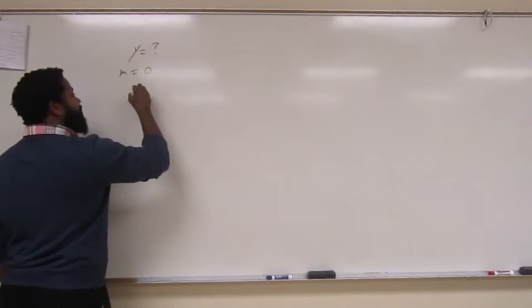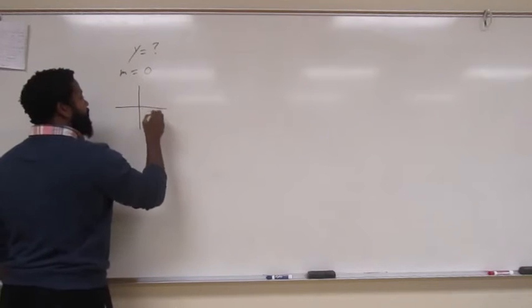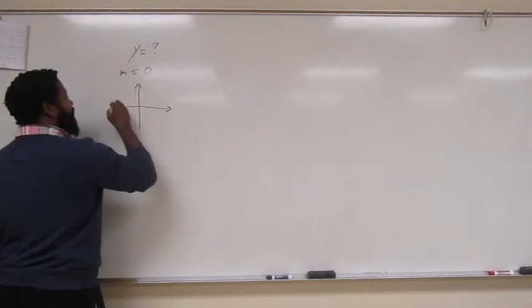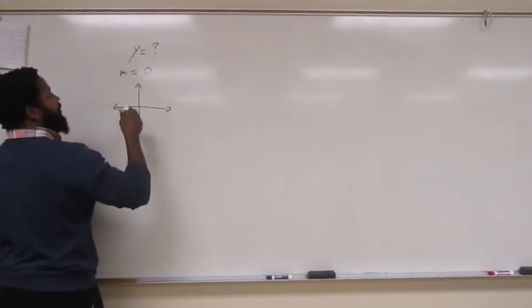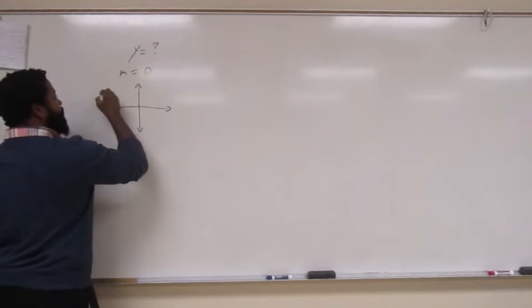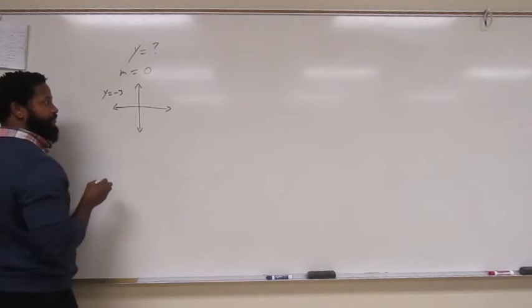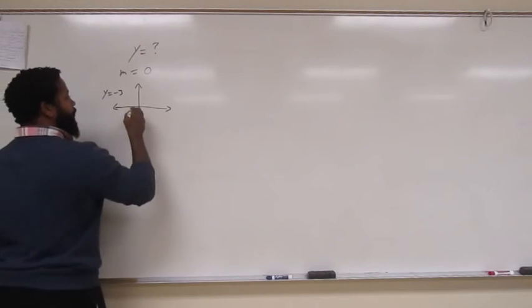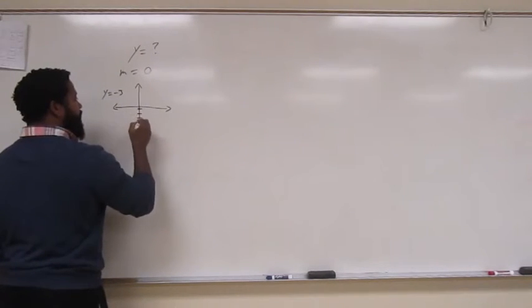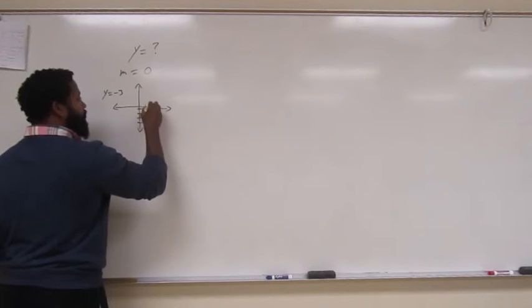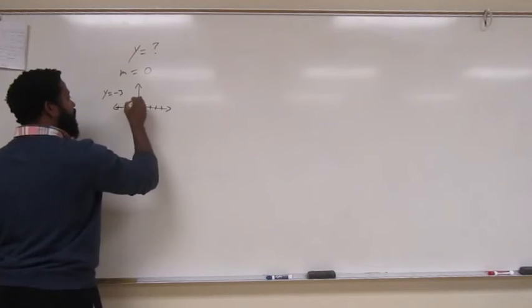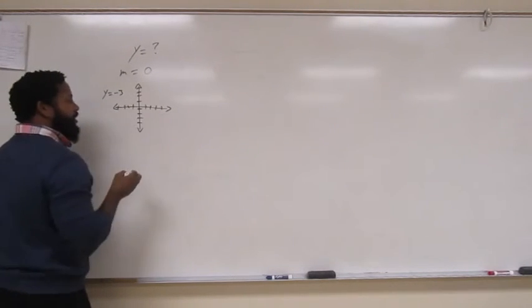Why? Because if you're looking at this on a graph, say y is equal to -3, right? Then therefore, 1, 2, 3, 4.